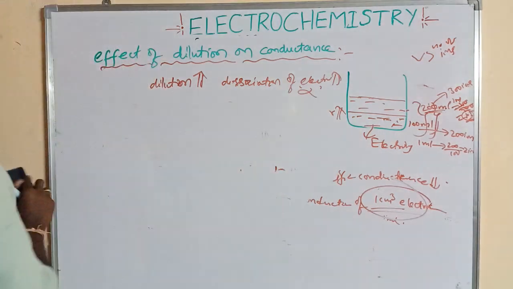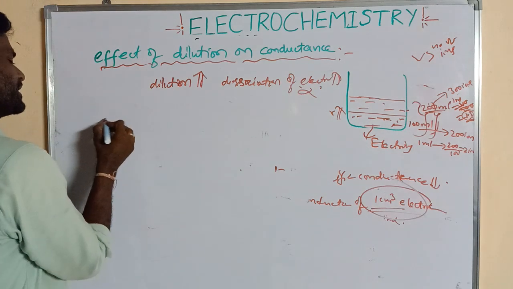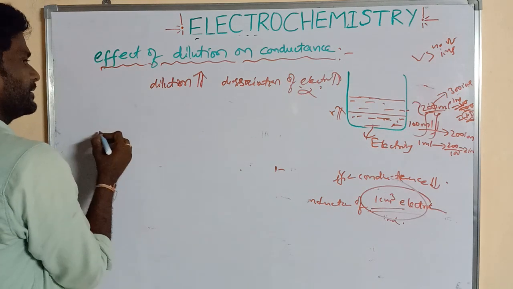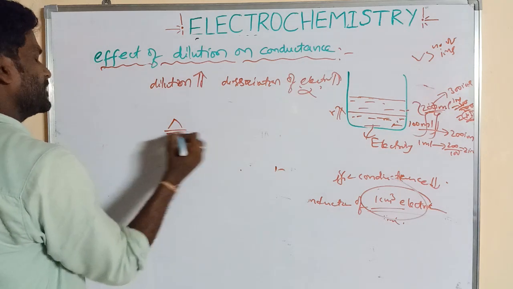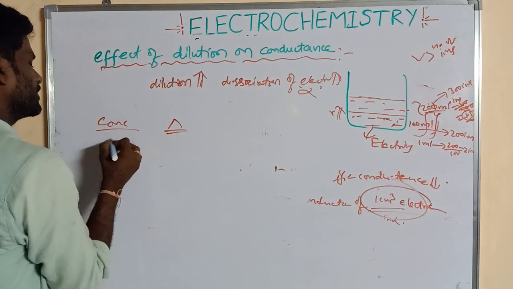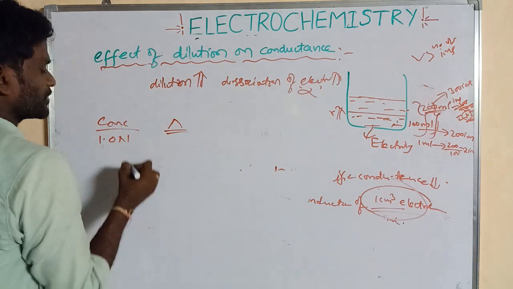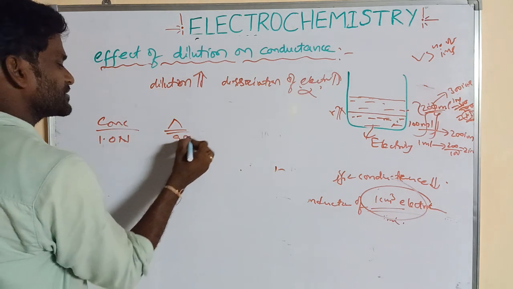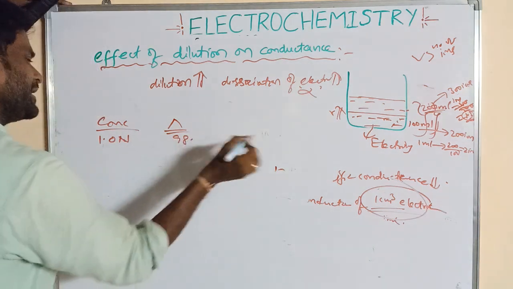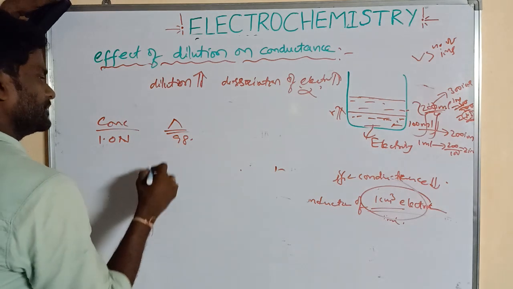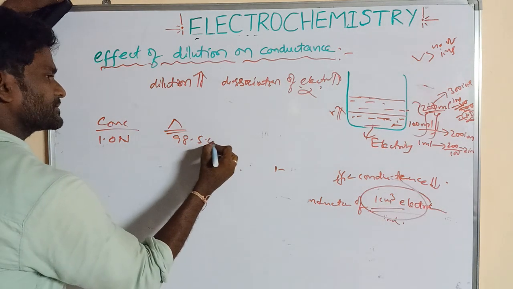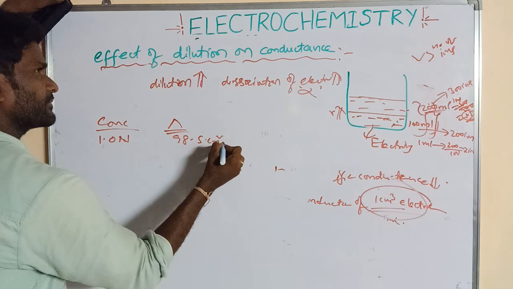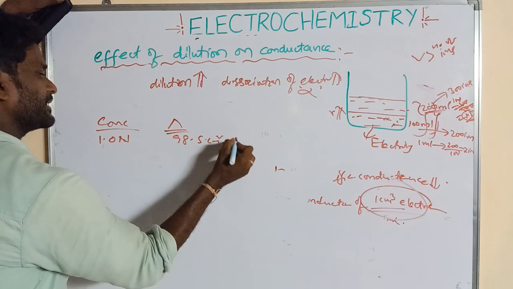Okay, now on dilution, suppose we take the concentration of the electrolyte and its equivalent conductance value. First of all we take 1.0 normal, so its value is like 98. Its unit is Siemens centimeter square mole inverse, right?